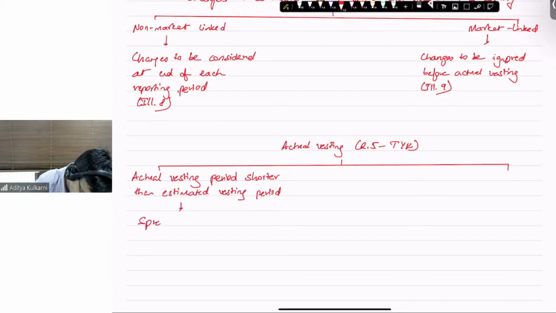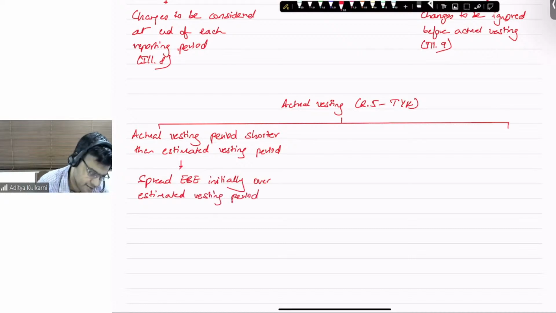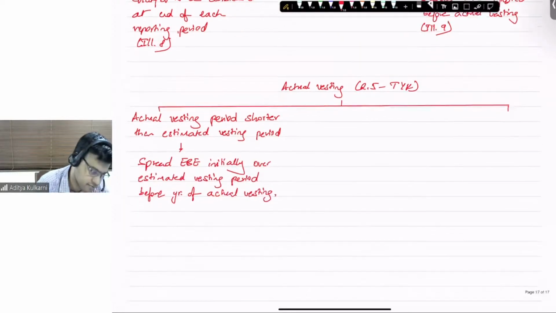So spread EBE initially over the estimated vesting period. 4 साल में हमने स्प्रेड किया था, before the year of actual vesting.